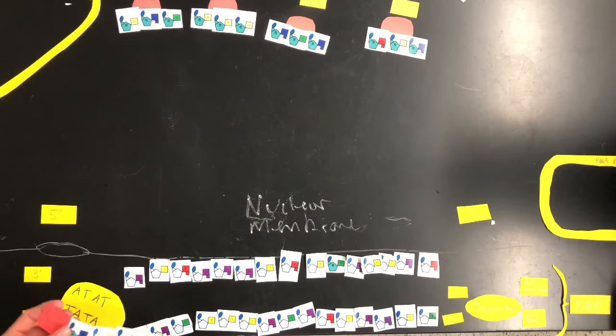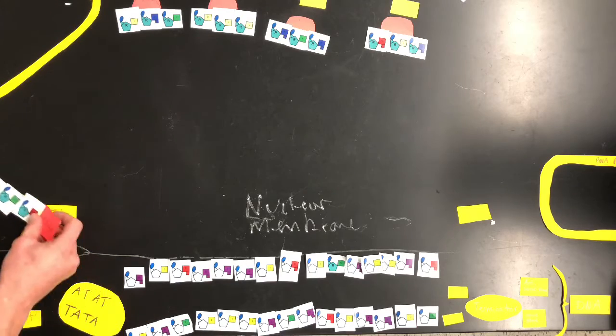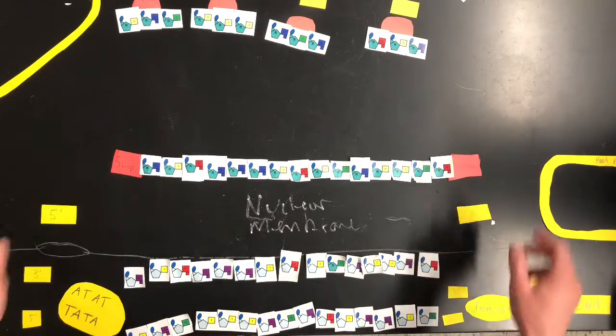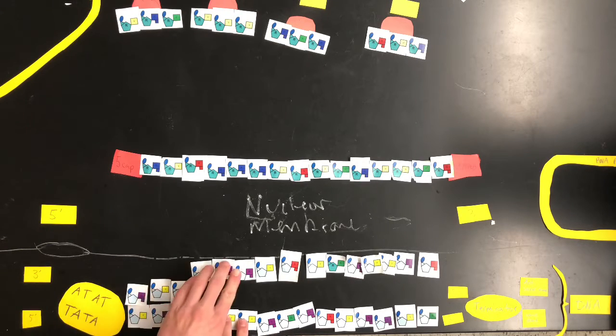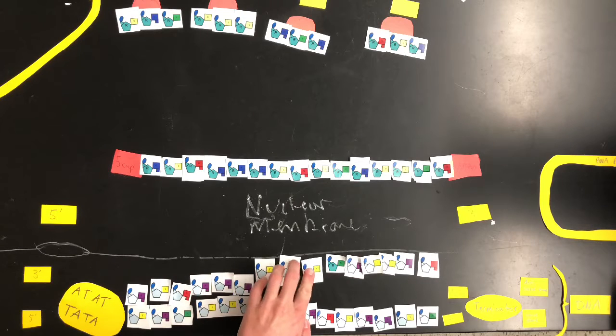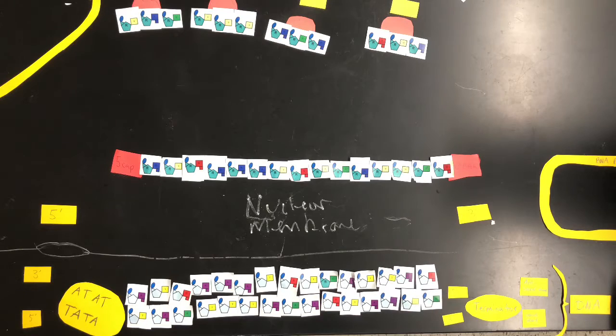So it leaves the nuclear membrane through a pore, and now it does the rest of its duties in the cytoplasm, and the DNA strand can go back to normal, so it doesn't have to be separated anymore. So that sucker's back to normal.